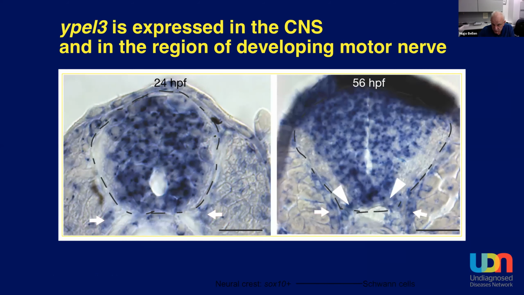They then went on to show that the gene is expressed at the right time, in the right place, in the CNS, in the regions of the developing motor nerves, as well as the glial cells early on.